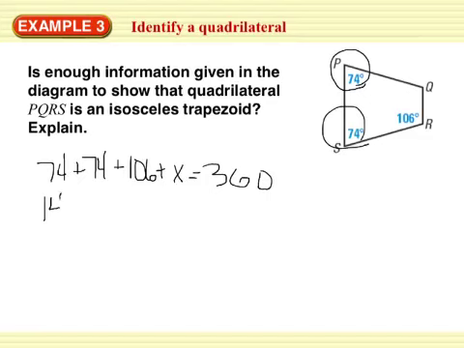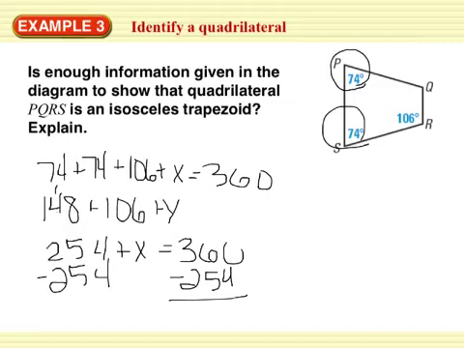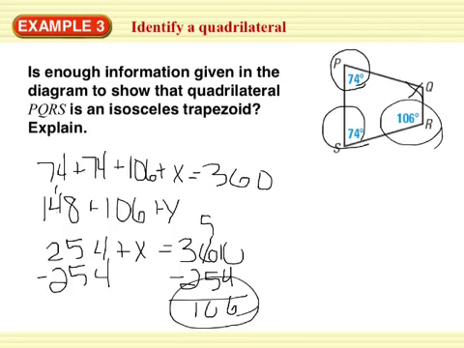This gives me 254. I could find a calculator, but it's sort of fun doing addition and subtraction. Okay, x is 106. So I've got 106 and 106, 74 and 74. So yes, there is enough information. The diagram is sufficient to show that PQRS is, in fact, an isosceles trapezoid.